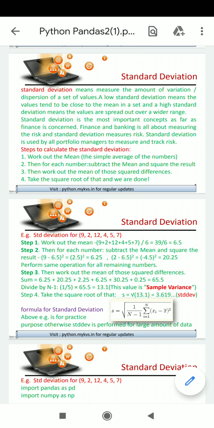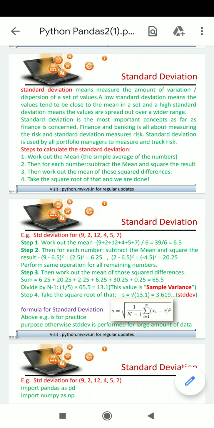So there are 5 values, and we cannot say all are at one level. There is a difference between these values; the values are dispersed. There is variation between these values.